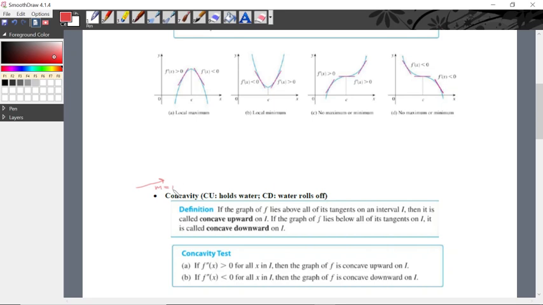Let me say the slope of the tangent line is equal to 1. But then it increases to where the slope of the tangent line becomes 2. And then it increases further to where the slope of the tangent line becomes 3, and so on and so forth.